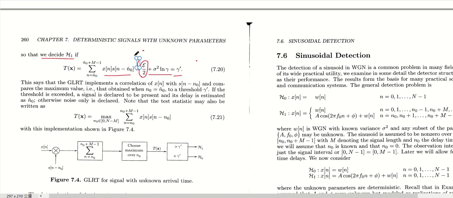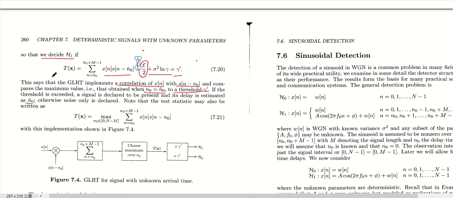Okay, so this says that the GLRT implements a correlation of x with s and then compares the maximum value obtained to a threshold. If the threshold is exceeded, the signal is declared to be present and its delay is estimated as n0.